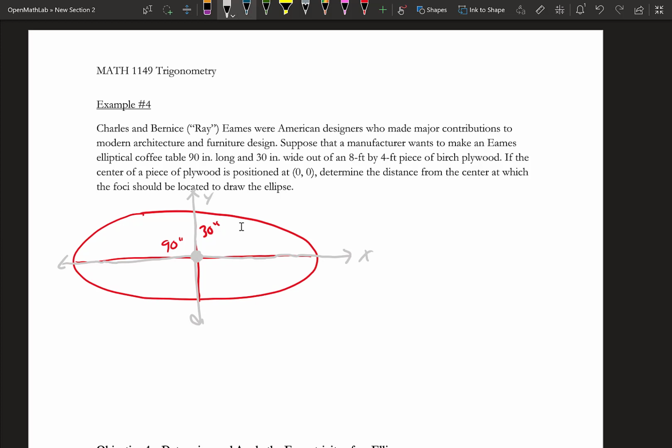Then, thinking about this geometrically, we could get this point to be (0, 15), because it's 30 inches total and we have to divide by 2. Then this point would be (0, negative 15). And we divide 90 by 2 to get 45, so these points would be (45, 0) and (negative 45, 0). From the table, these generically are (0, negative b), (0, b), (a, 0) and (negative a, 0).